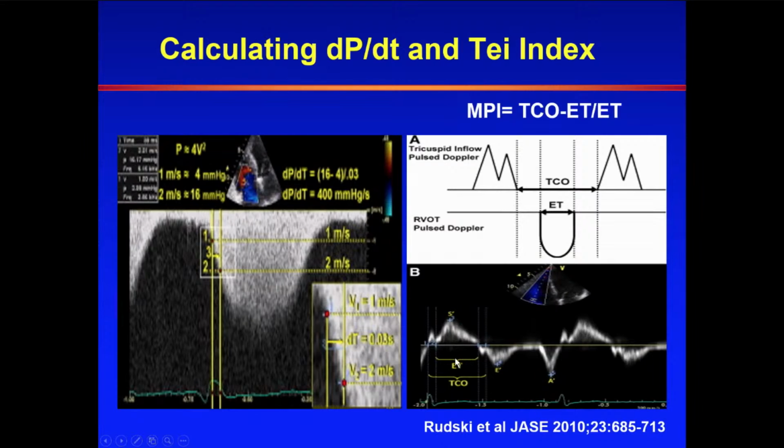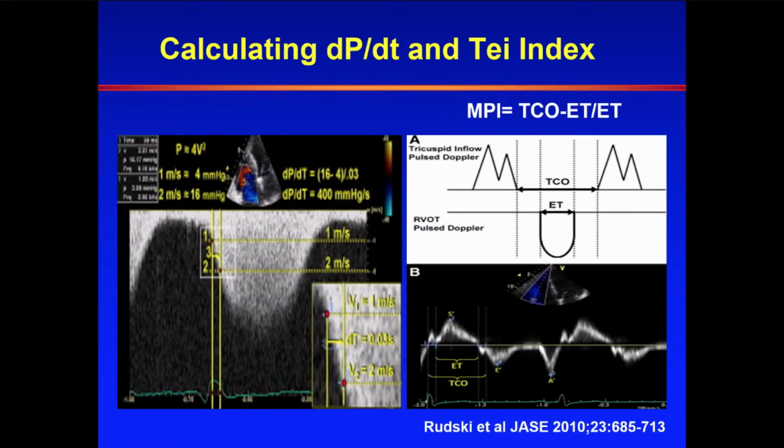Another approach is from one cardiac cycle now, we record tissue Doppler at the lateral side of the tricuspid annulus. And here you notice the isovolumic contraction signal, the systolic ejection signal, and the isovolumic relaxation signal. If we get that total time interval, we subtract from it the duration of the systolic ejection velocity. We end up with the sum of isovolumic contraction and isovolumic relaxation divided by ejection time.